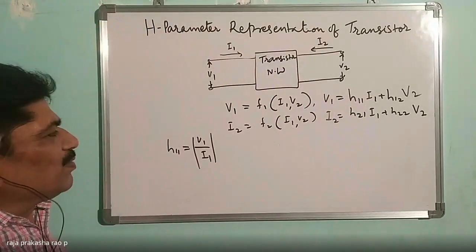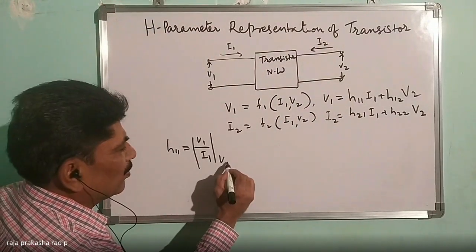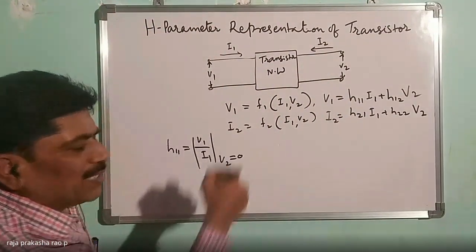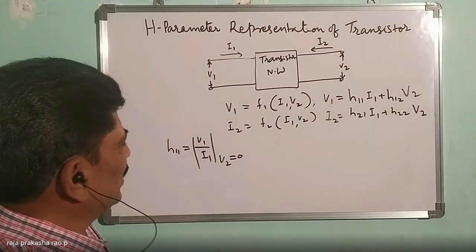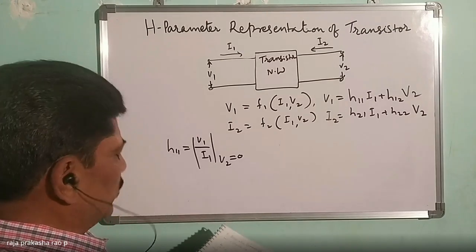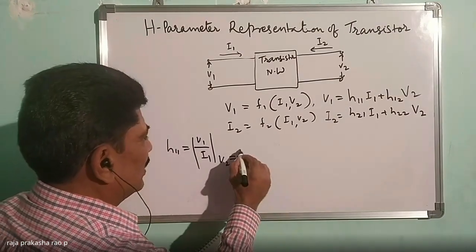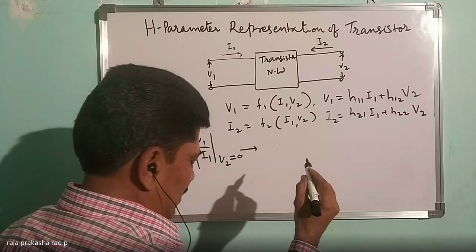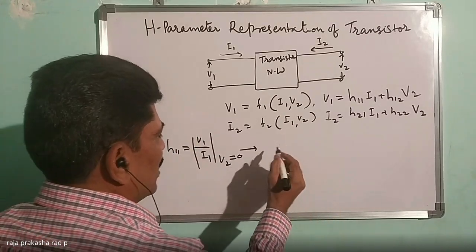H11 is V1 by I1 when V2 equal to 0. V2 equal to 0 means the second port is shorted, and when it is shorted, the output voltage will be 0. So it can be written as input resistance with output shorted.